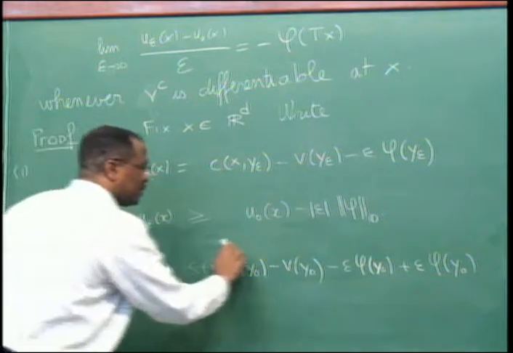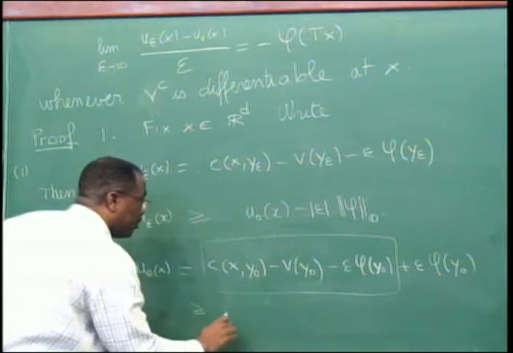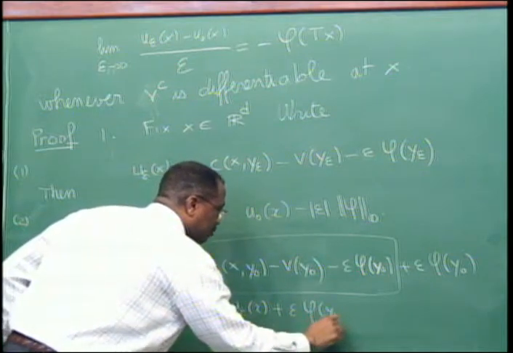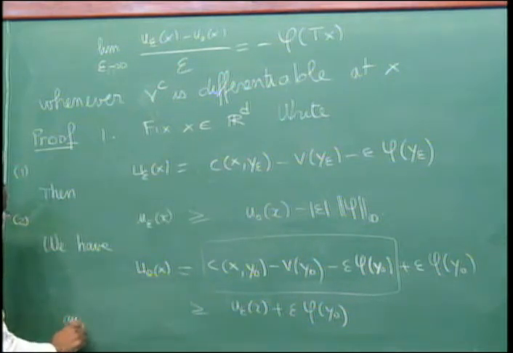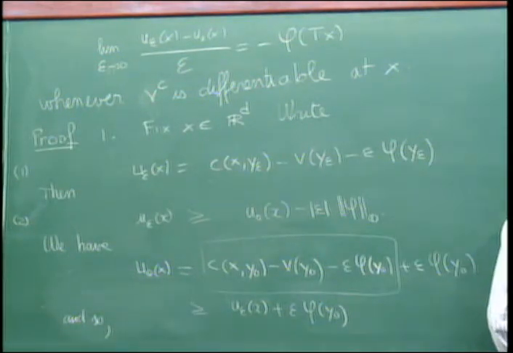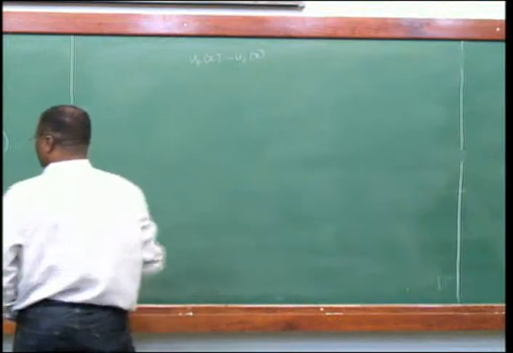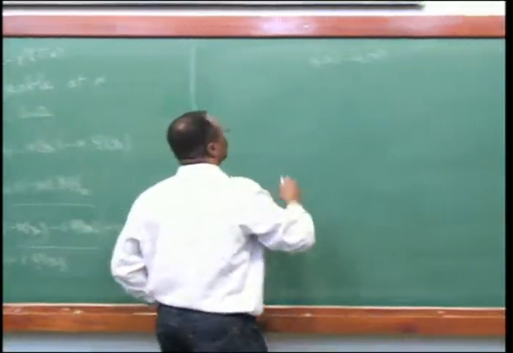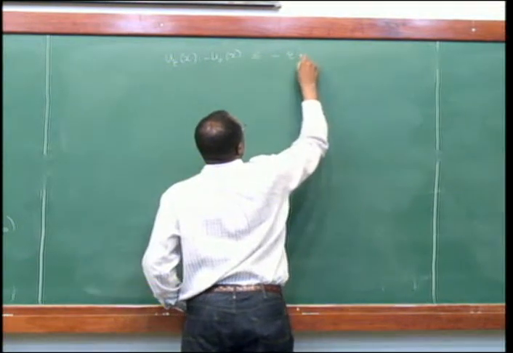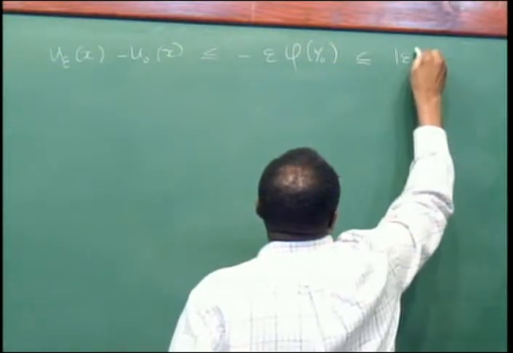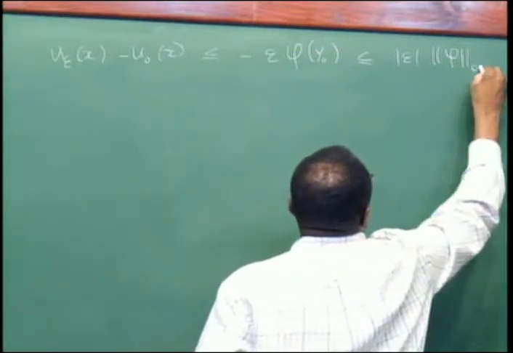So now this is bigger than U epsilon of x plus epsilon phi of y naught. And so U epsilon of x minus U naught of x is less than or equal to negative epsilon phi of y naught, which is less than the absolute value of epsilon times the L infinity norm of phi.